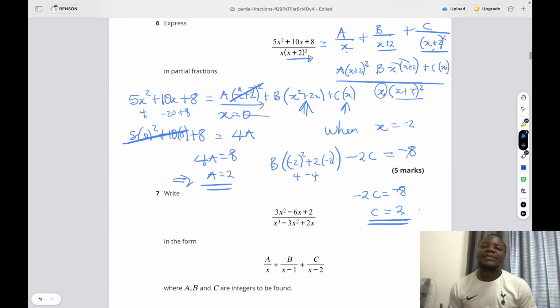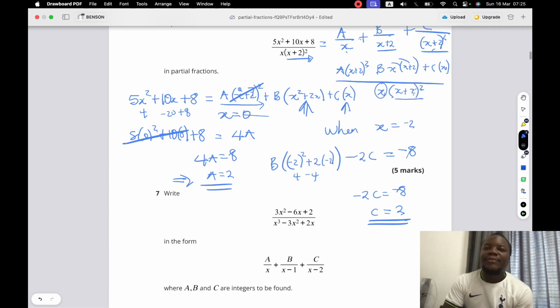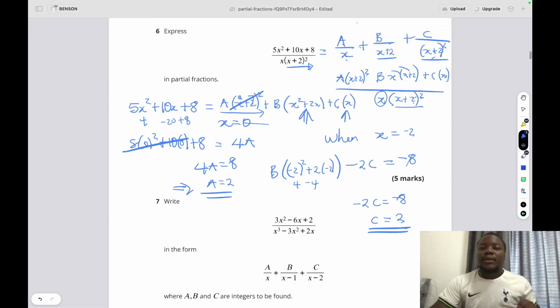So what we then just need to do is to find b. How do we find b? So let's see how we find b. Since we've got c and we do have our a, we just need to substitute in our equation, which is this one that we wrote here.